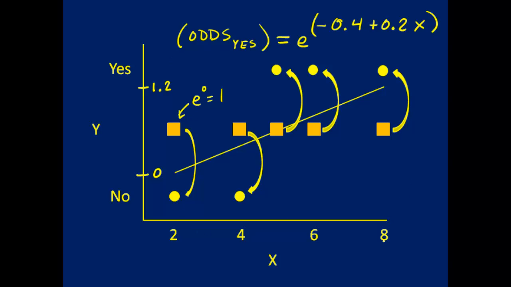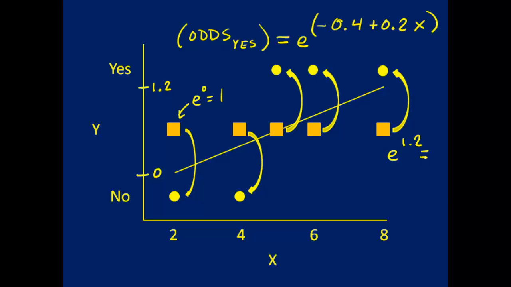Now, if we go out here to the 8, when x equals 8, this is going to equal 1.6. 0.2 times 8 is 1.6, but you subtract away 0.4, you get 1.2. So the odds of a yes from this random category generator is going to be e to the 1.2.